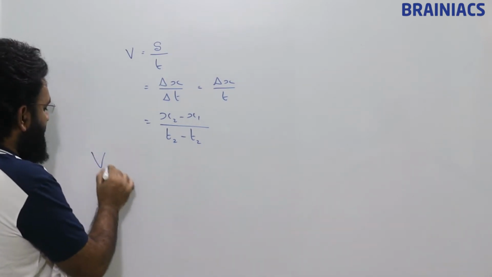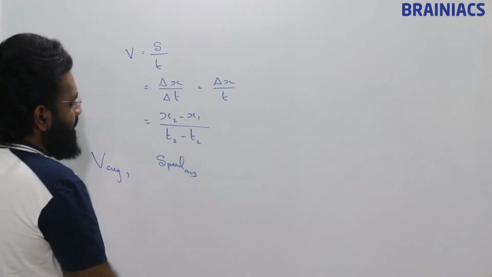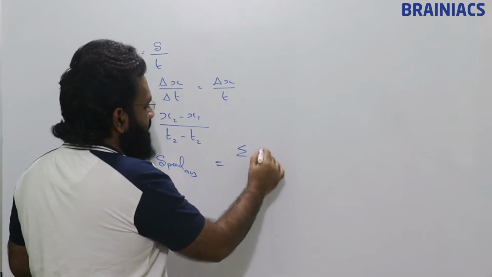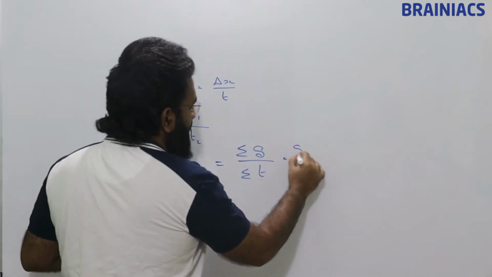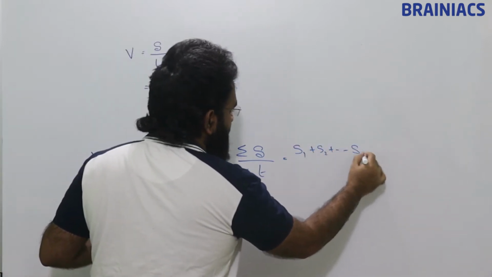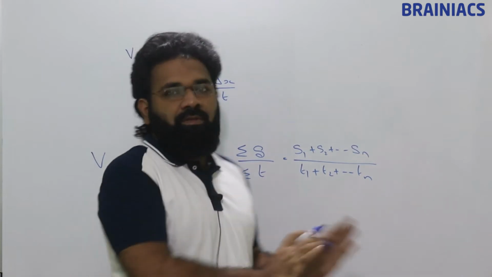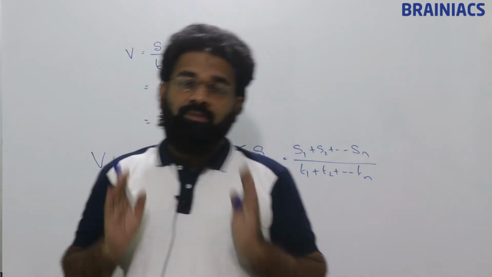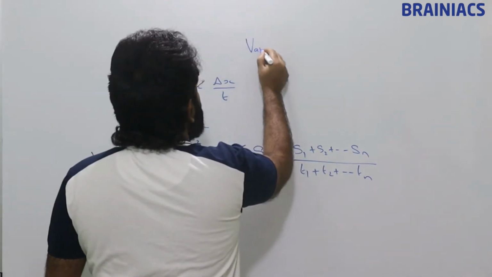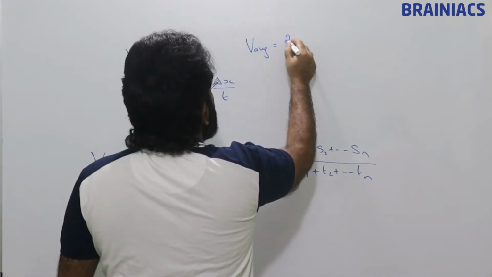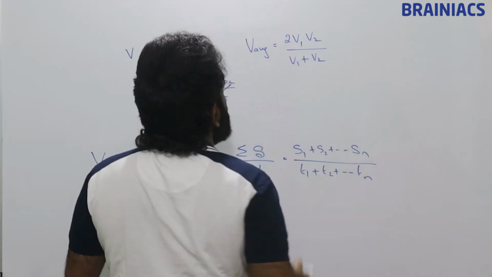Then we studied about average velocity, then average speed. This is nothing but the sum of displacements divided by the sum of time, or s1 plus s2 up to sn divided by t1 plus t2 up to tn. This is a general formula. If we get the same distance or displacement interval, then V average can be 2v1 v2 divided by v1 plus v2.